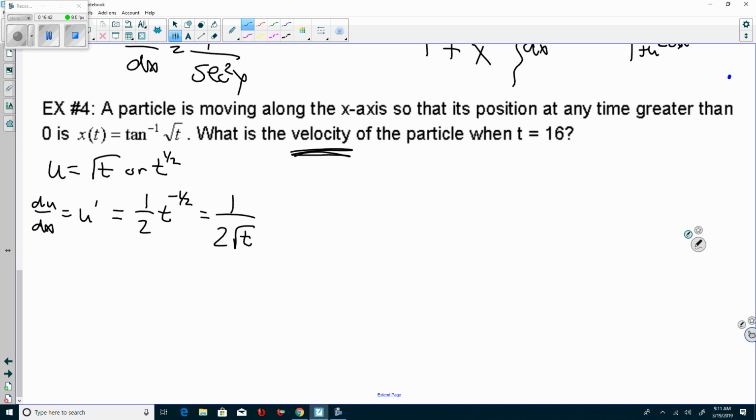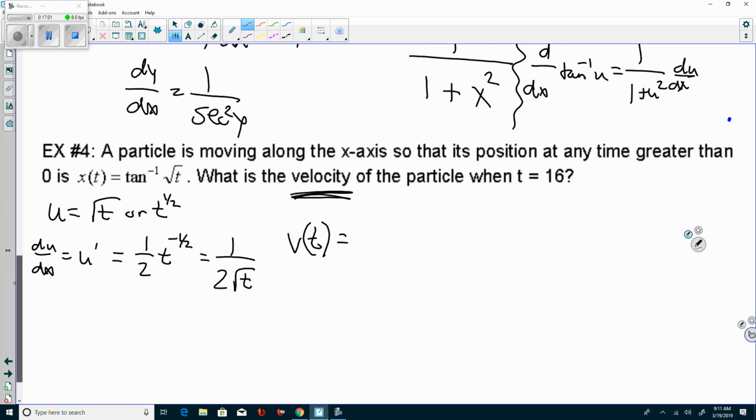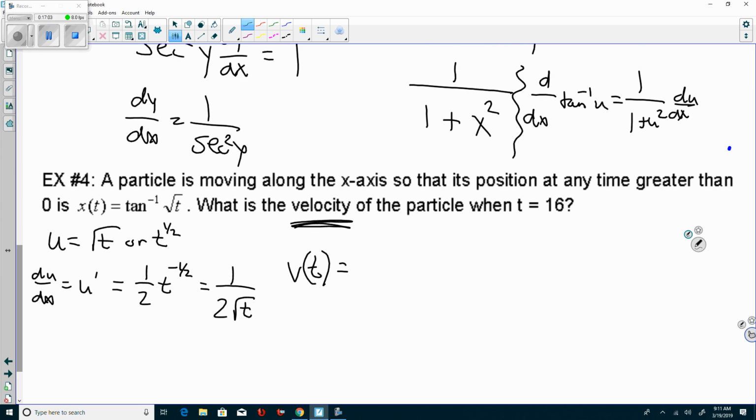So we're looking for the velocity, which again is the first derivative. If you want to make it dv/du, that's okay. We're using velocity, so we will use the v. So we have the velocity, which we have up above. See right here? 1 over 1 plus u squared.